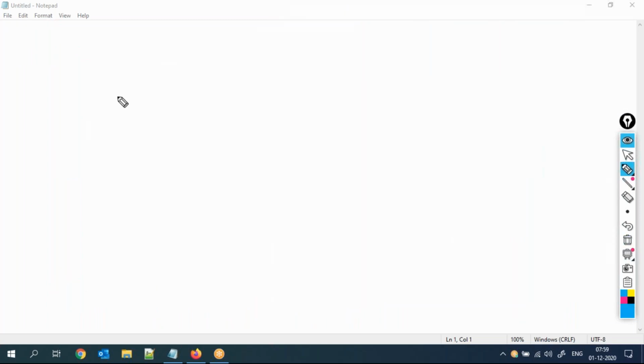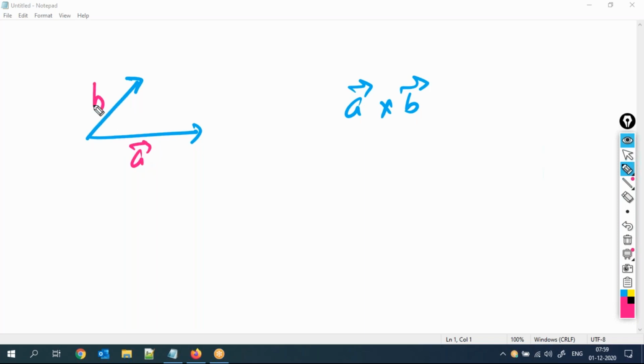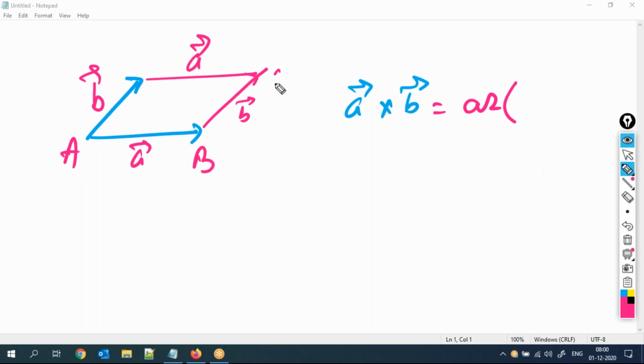So let us remember a few things. A cross B, A, B equal to the area of, if I draw a base, A, B, C, D, the area of A, B, C, D. Yes or no? Yes, sir.